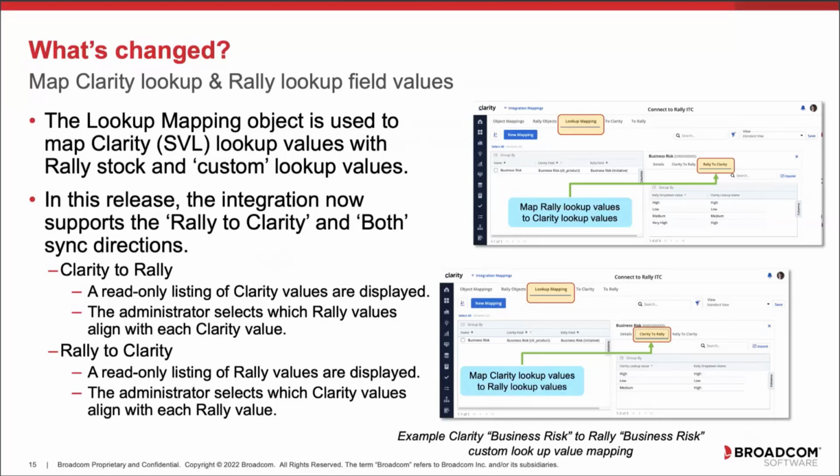The Rally items are read-only, and the user simply keys in the appropriate Clarity values. So you can see in this example, Rally had 4 values and Clarity had 3 values. So there's a way to map them and reconcile which settings should be appropriate depending on which way the synchronization or the updates are coming.